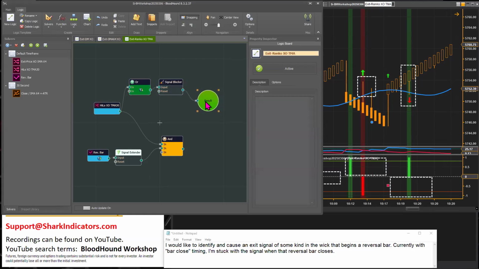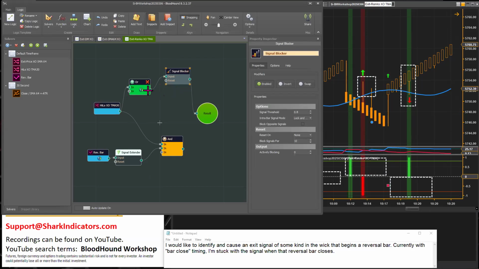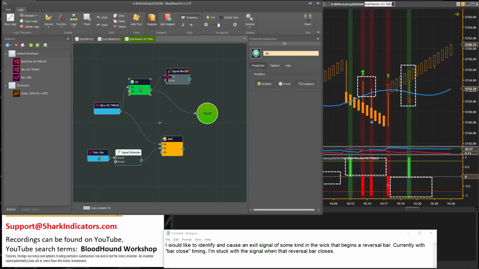Oh yeah, sorry again. Yeah, even that doesn't work. That's right, that doesn't work either because I'm blocking shorts. The signal blocker is now blocking shorts, but it's not blocking these signals coming in, because remember, when I reversed it here at the input, it now reversed this exit signal, which is wrong.